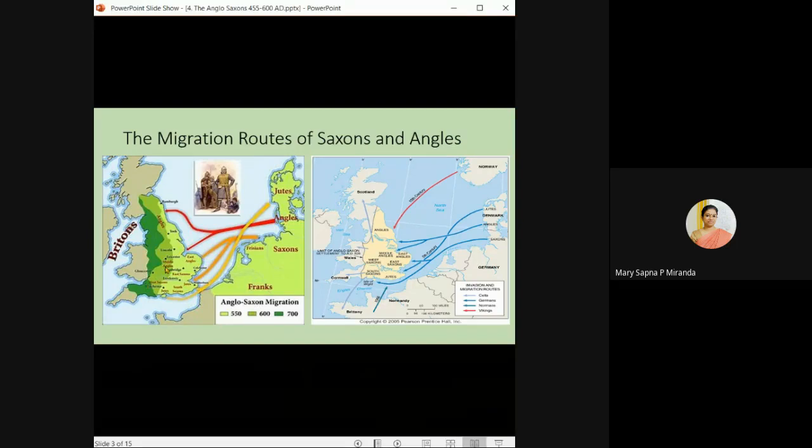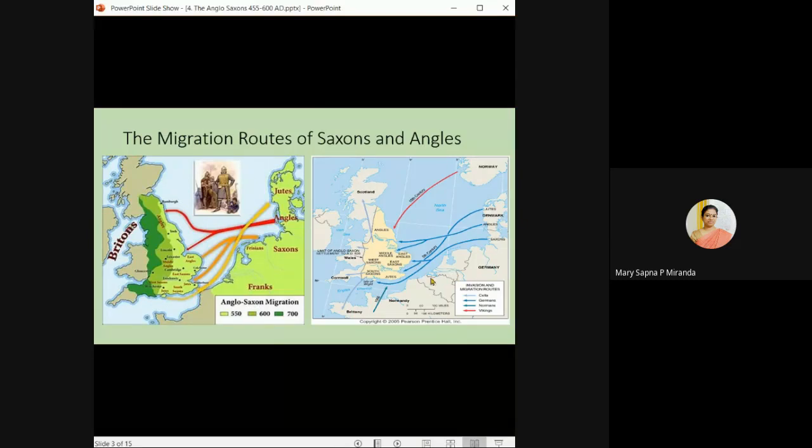Almost half of the south of Britain was occupied by the Saxons, whereas the Angles came from the uppermost part, mainly the region that we call Denmark today. From there, the Angles settled in the northern or upper regions of Great Britain.